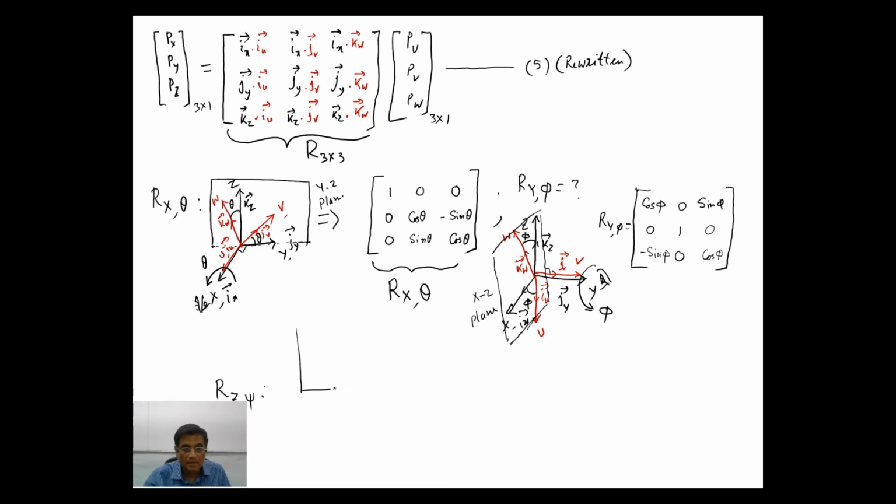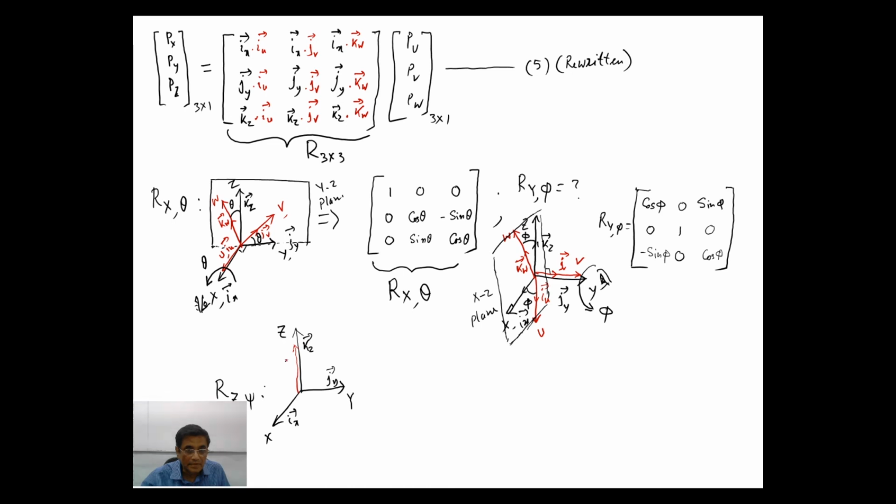Again, redraw. This is X, Y, Z, this is Ix, Jy, Kz.